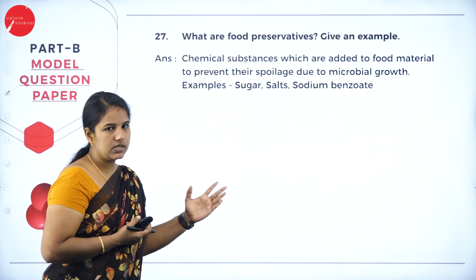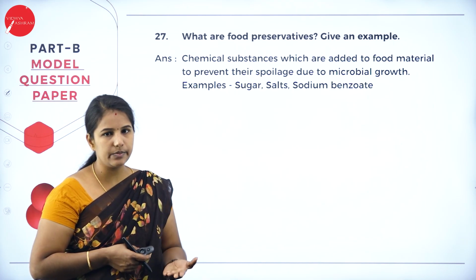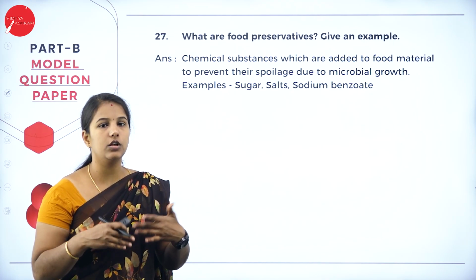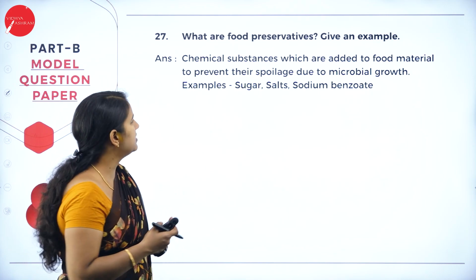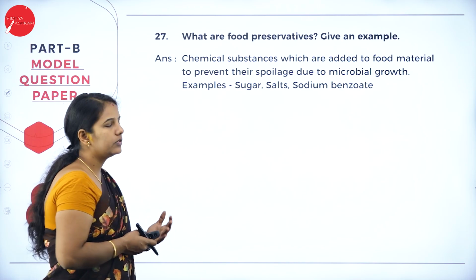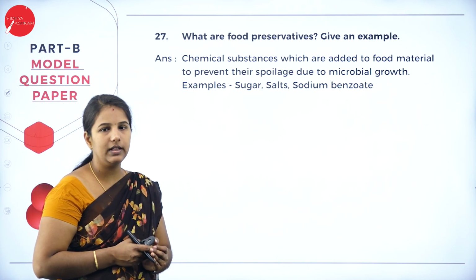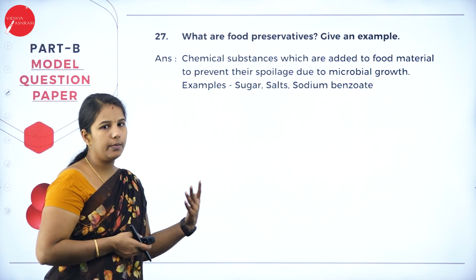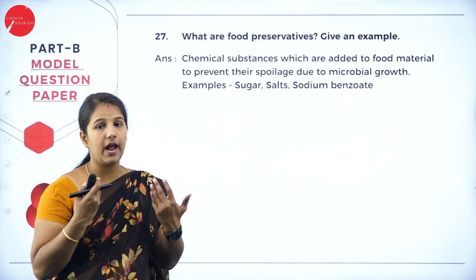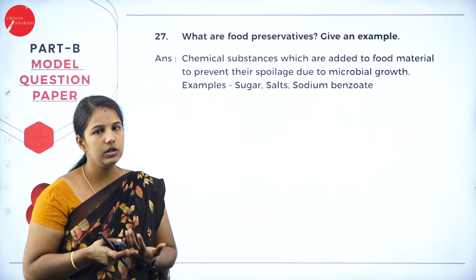Any substances we add to food in order to preserve it for a longer time, those substances are called what? Food preservatives. For example, we are familiar with salt and sugar, which we still add today to preserve food. In addition to it, sodium benzoate is a chemical substance that we add to food to keep it for a longer time.